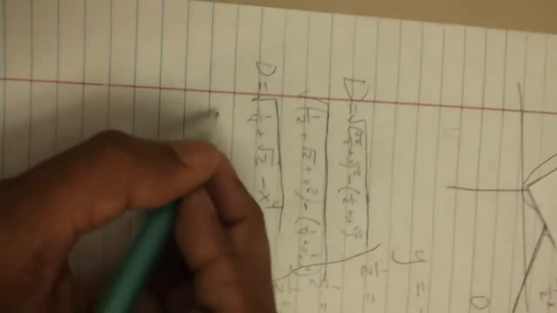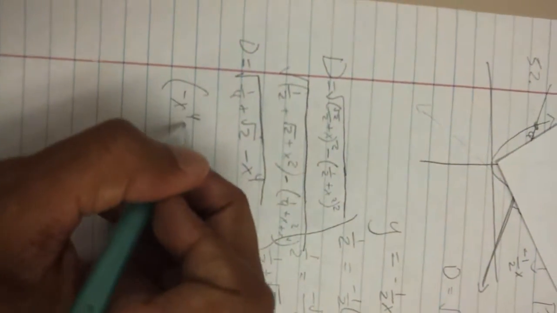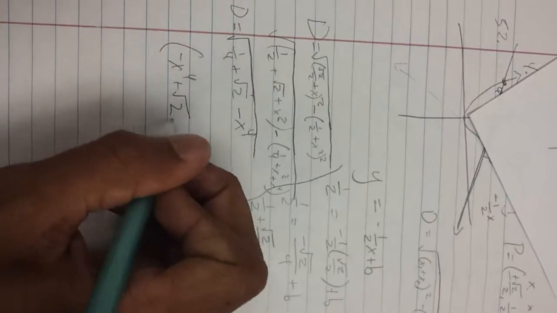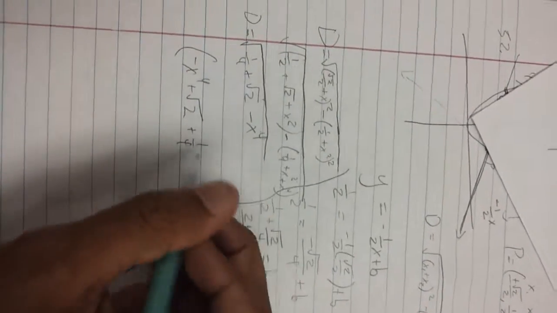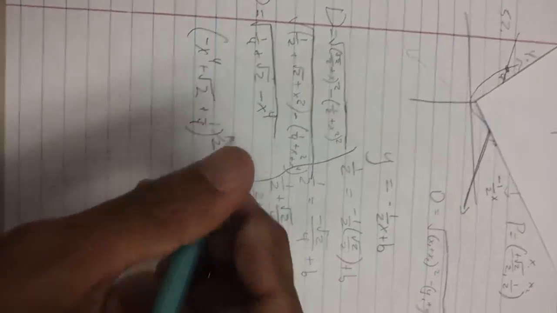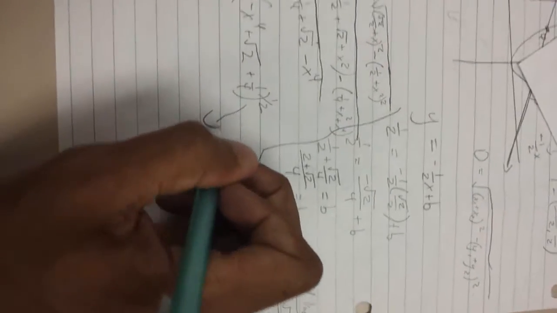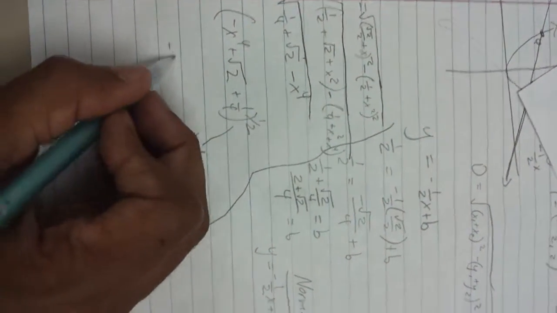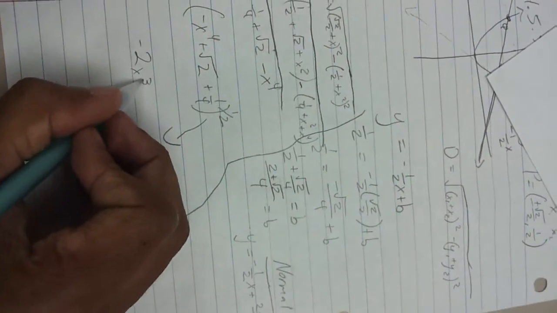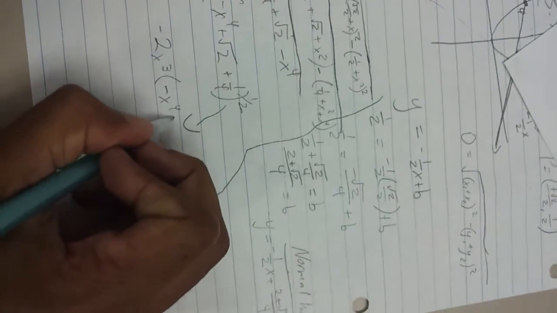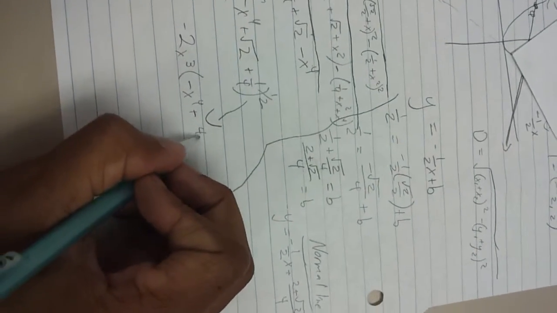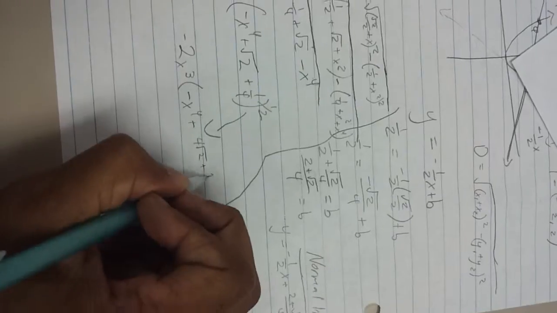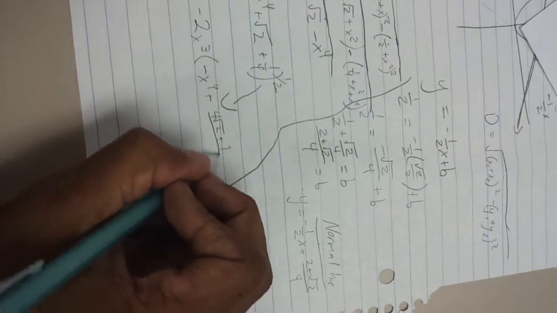I went ahead and derived this, used the chain rule, and ended up with this right here.